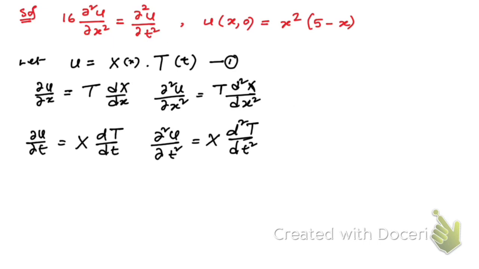Now let us use these values in this equation. Using these results in the given equation, our equation turns out to be like this. This given equation is going to be of this form.